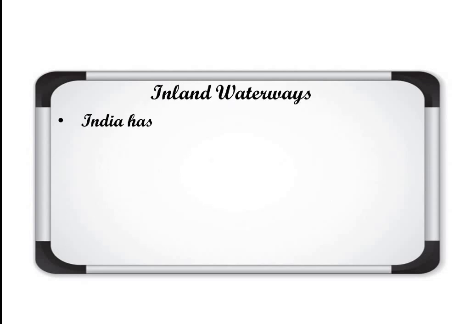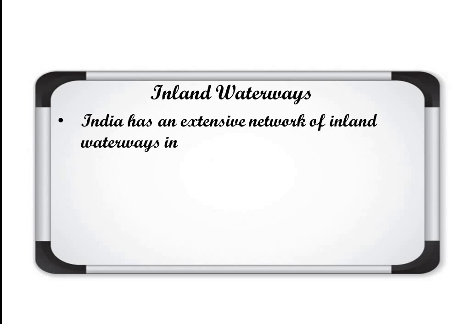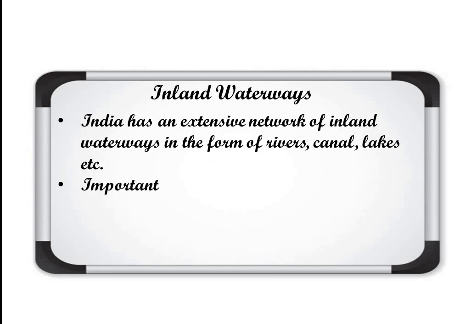Let's see. Inland waterways. India has an extensive network of inland waterways in the form of rivers, canals, lakes, etc. And the most important is the river Ganga and Brahmaputra river system.